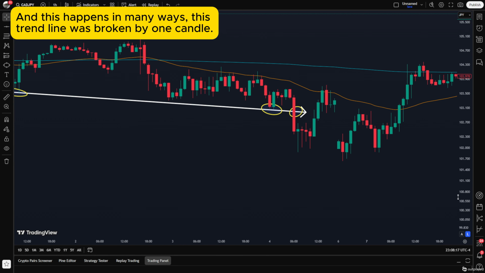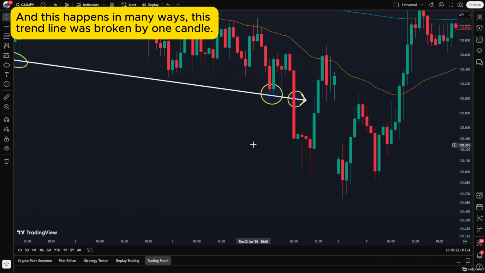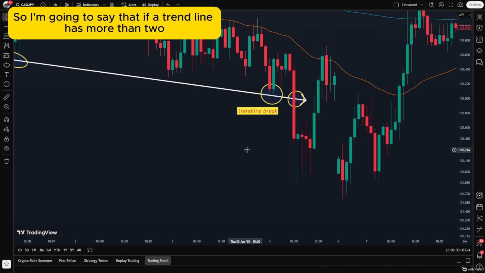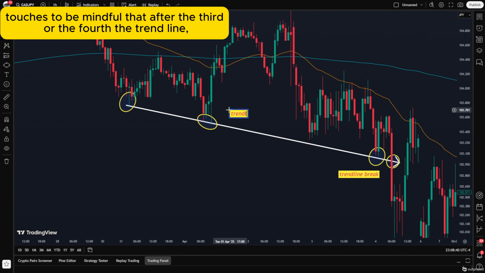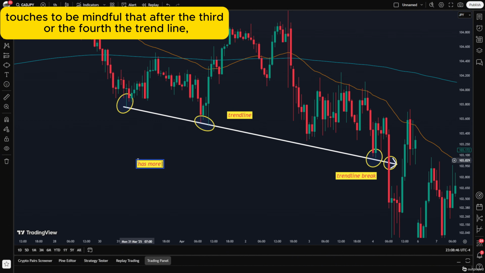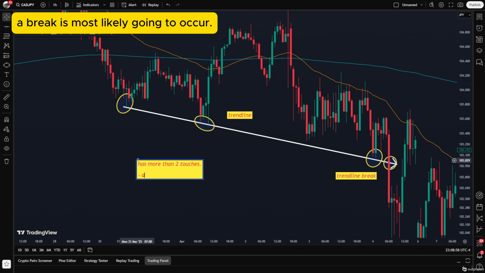And this happens in many ways. This trend line was broken by one candle. So I'm going to say that if a trend line has more than two touches, to be mindful that after the third or the fourth, a break is most likely going to occur.